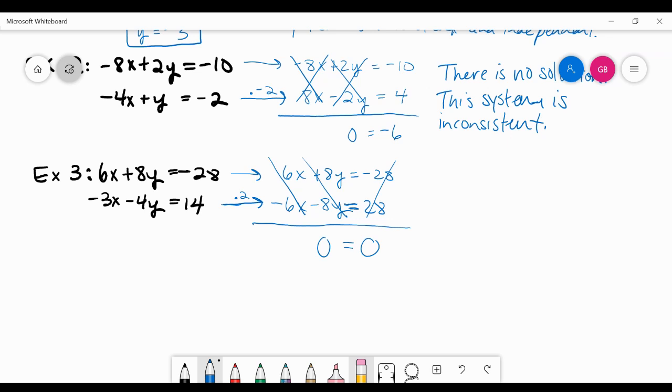So that means that this system has infinitely many solutions, and we describe this system as consistent and independent.